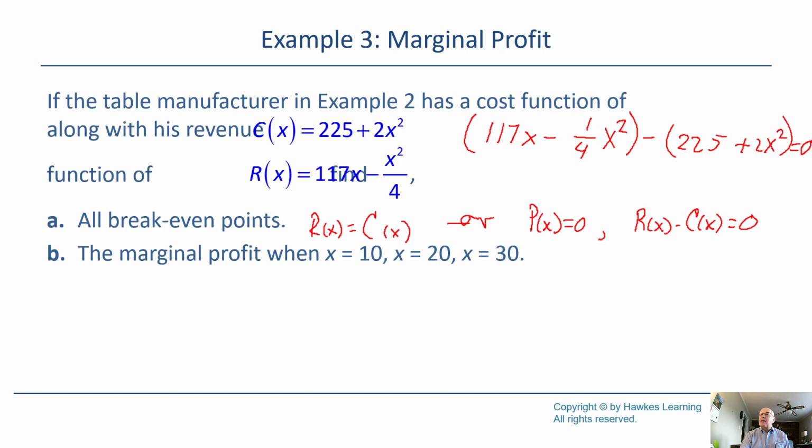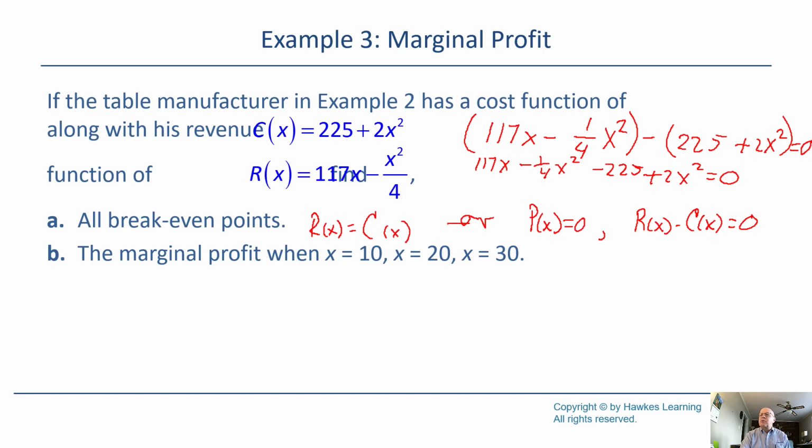So what do we have? We have 117x minus 1/4 x squared minus 225 plus 2x squared equals 0.